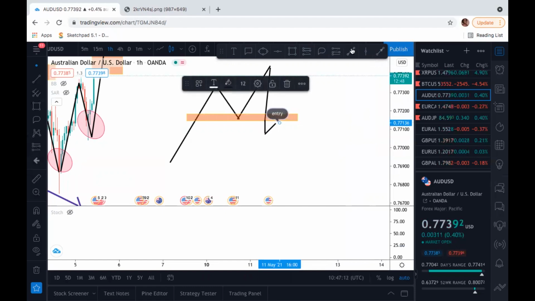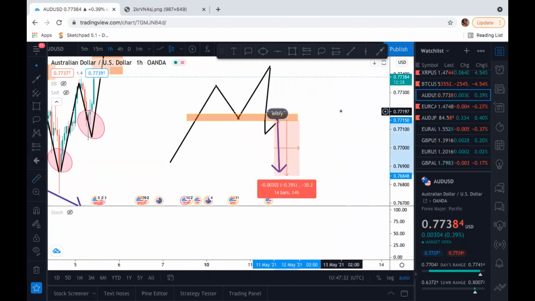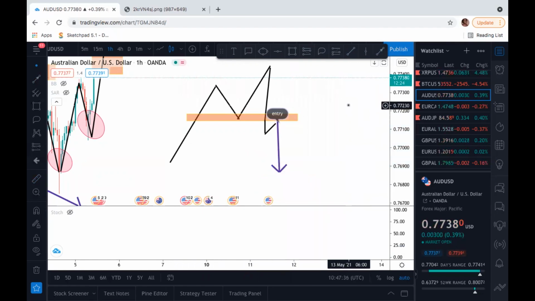Because after the pullback, we know what's happening after that. We know that it's gonna do this. Boom. And then this is what you're gonna catch. I'd rather you wait for a good move instead of just trying to jump in. And you can use this on binary options as well.